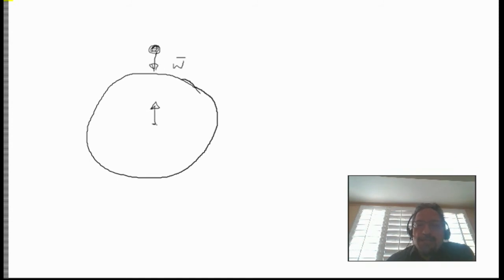What's the magnitude of this force? Usually we write simply mg. That's the weight. On the other hand, we just saw that the magnitude of the force is given by the universal constant G, then the mass of the Earth, the mass of the object, and the distance between them.